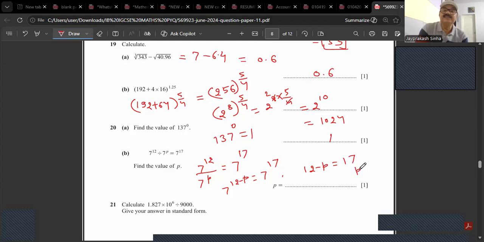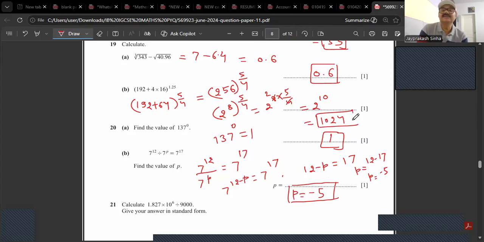It means p is equal to 12 minus 17, means p is equal to minus 5. So our answer is p equals minus 5. This is our answer. This is also our correct answer of the previous questions.